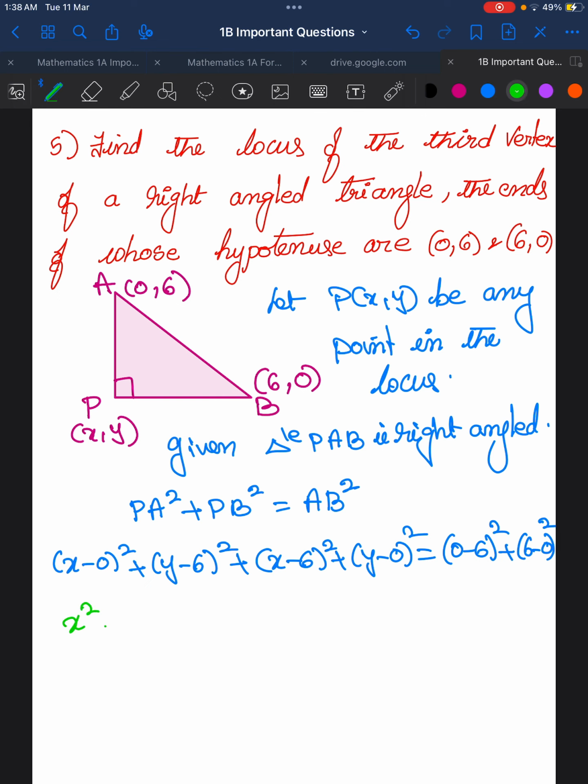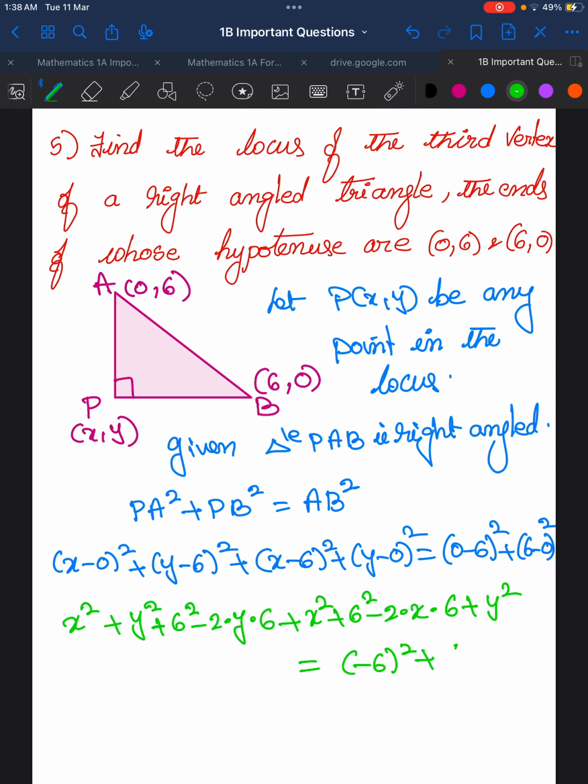This is x square plus y square plus 6 square minus 2 into y into 6 plus x square plus 6 square minus 2 into x into 6 plus y square is equal to minus 6 whole square plus 6 whole square. Okay, x square plus x square, it will be 2x square, y square plus y square, it will be 2y square.